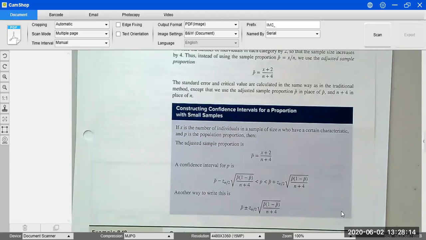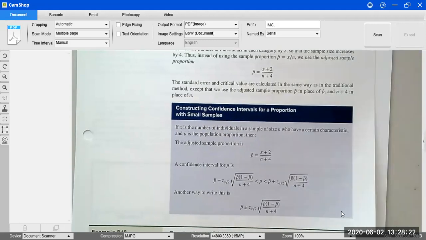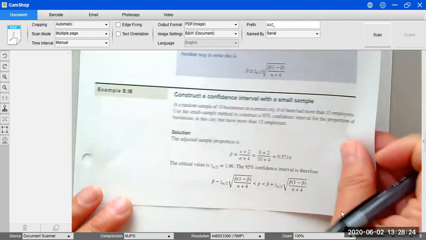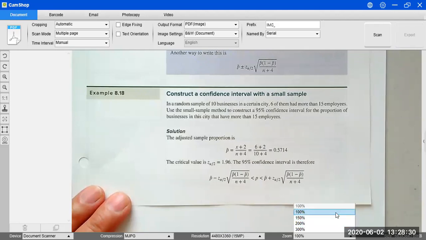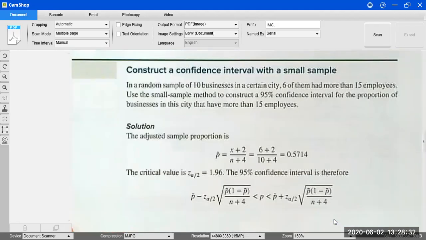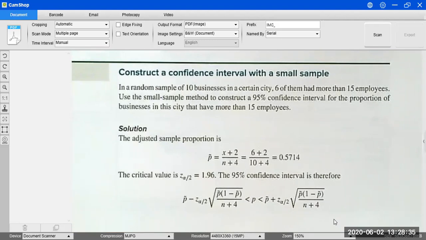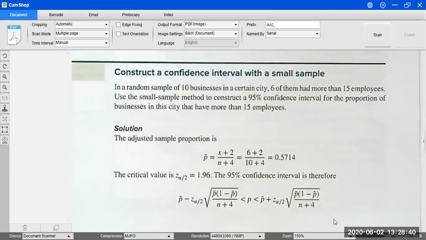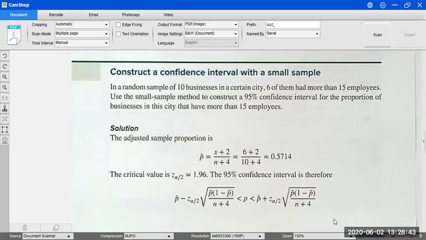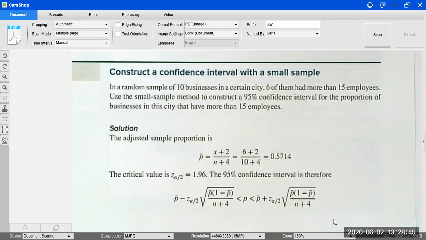I'm just going to show you example 8.18. It says that in a random sample of 10 businesses in a certain city, 6 of them had more than 15 employees. Use a small sample method to construct a 95% confidence interval for the proportion of businesses in this city that have more than 15 employees.